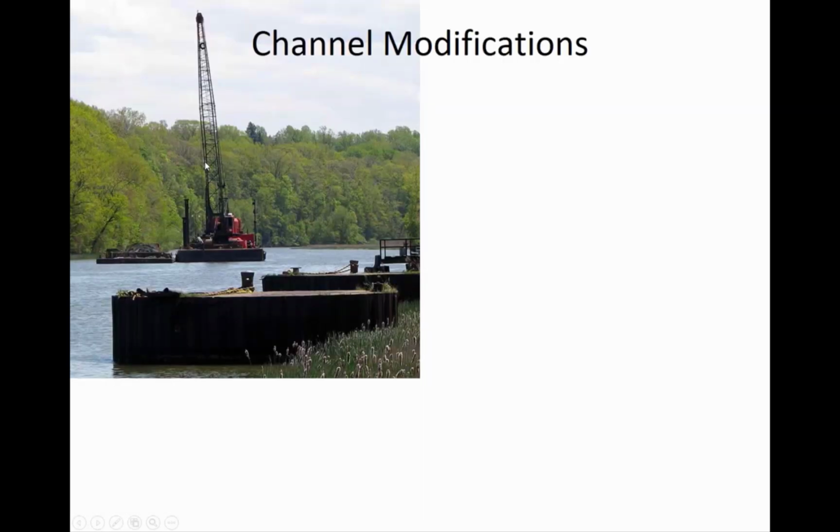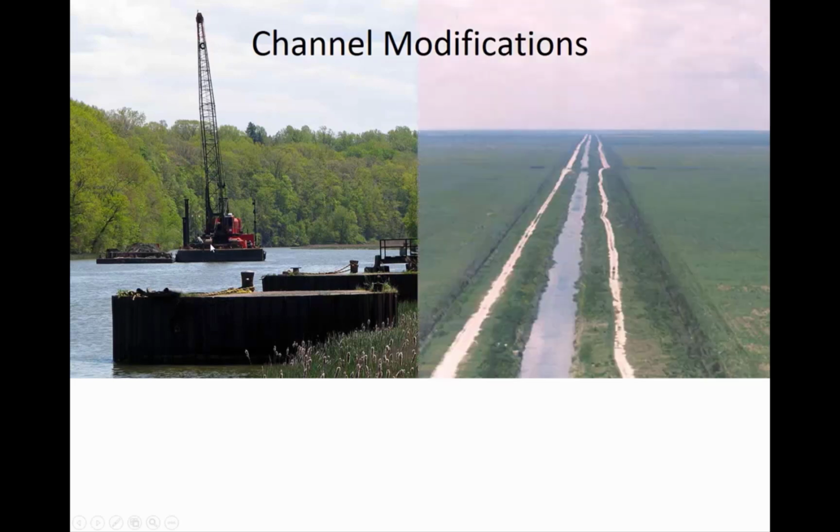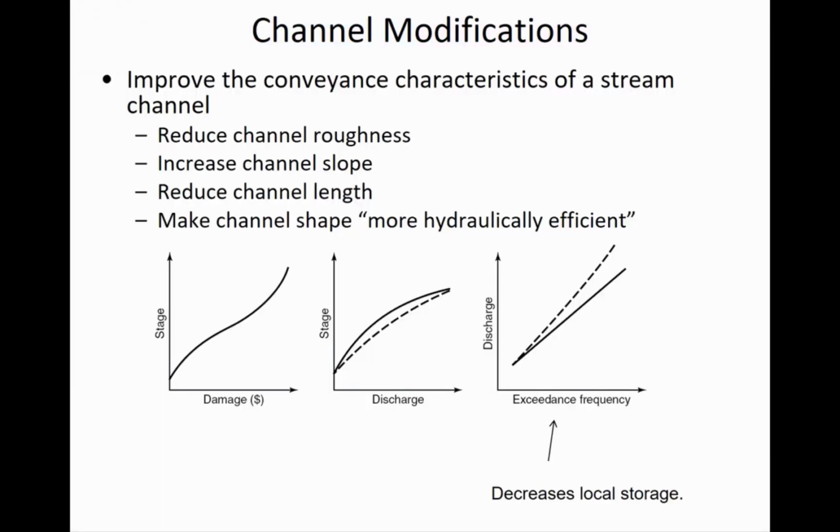Channel modifications is another one of the structural measures, and you can see this is a crane that's doing some dredging work in the channel. By straightening out a channel, you increase its flow carrying capacity compared to if it was meandering. What channel modifications allow you to do is, for a certain flow rate, the stage is going to be lower than it was before.